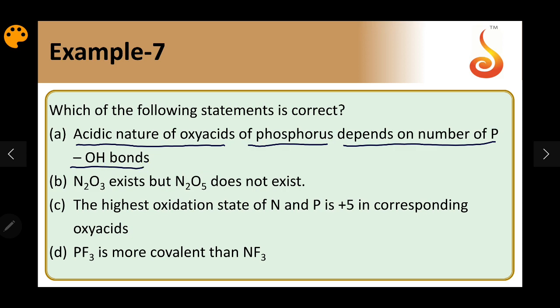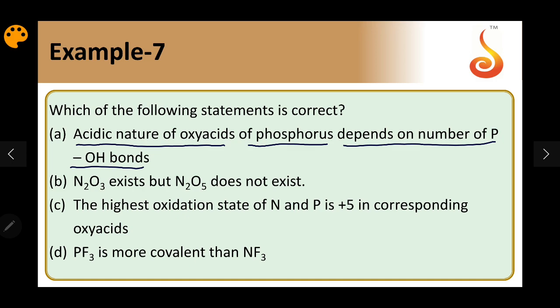So the monoacidic, diacidic nature depends upon the number of POH bonds, but the acidic strength depends mainly on the oxidation number of the phosphorus atom. So the higher the oxidation number of phosphorus atom, the more will be the acidic strength. Okay, so this is not exactly right, appears to be right, but not exactly right.